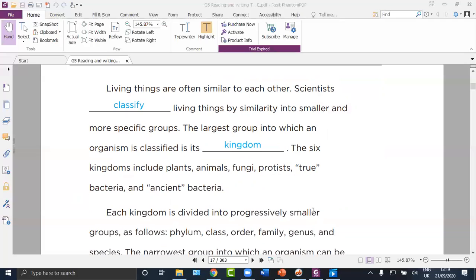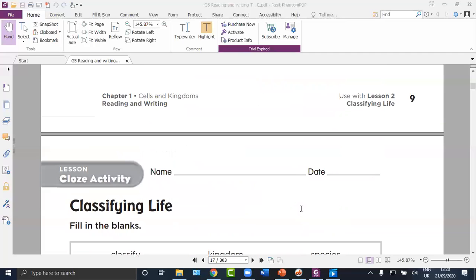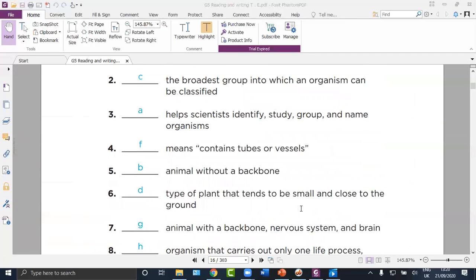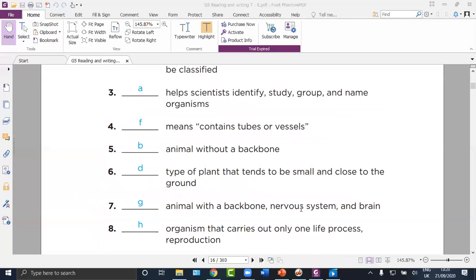Yes. Continue. Mister, but I didn't finish page number 9. Okay, quickly. Time's up.